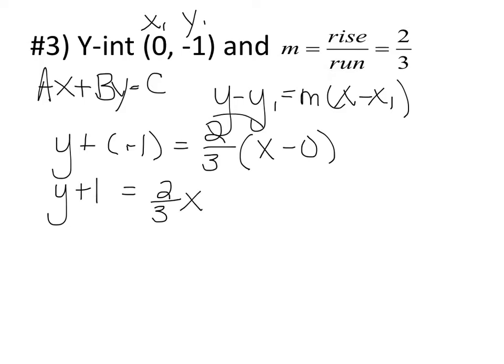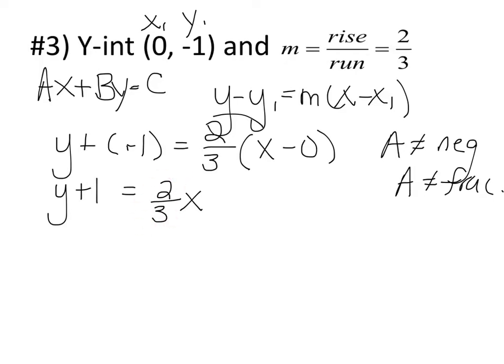Now, for standard form, you need your x and your y on one side and your constant on the other. So because my x is already positive, and you remember there's 2 things about a you have to remember. A cannot be negative, and a cannot be a fraction. Okay? So a is your coefficient with x.